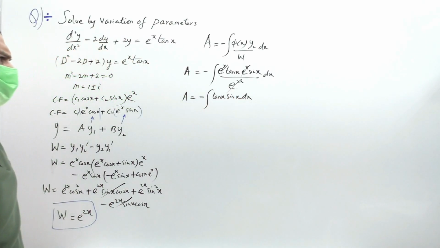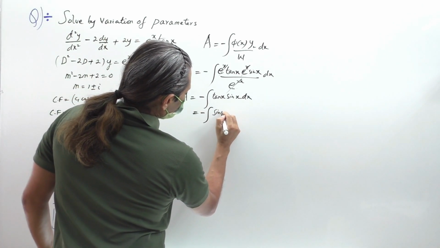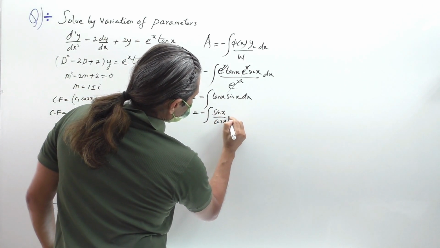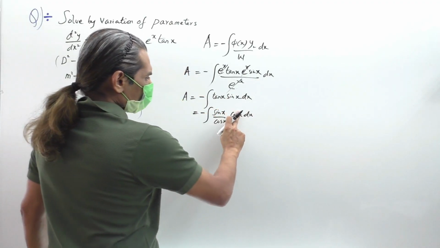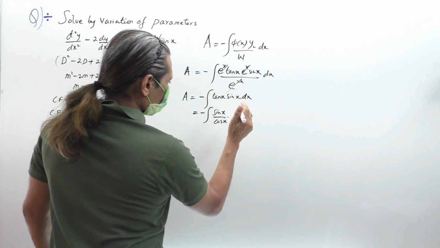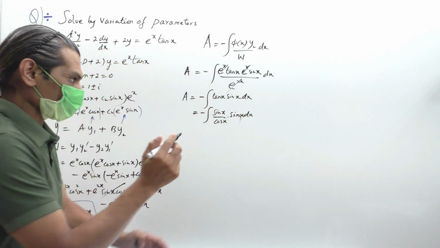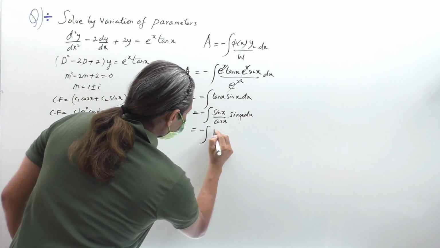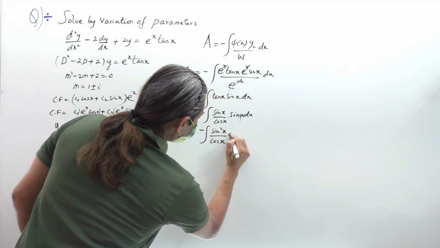So, how do we integrate this? Whenever there is tan x, we write it as sin x by cos x, into sin x dx. As you know, sin x into sin x is sin square x. So, we have minus integration of sin square x upon cos x dx.